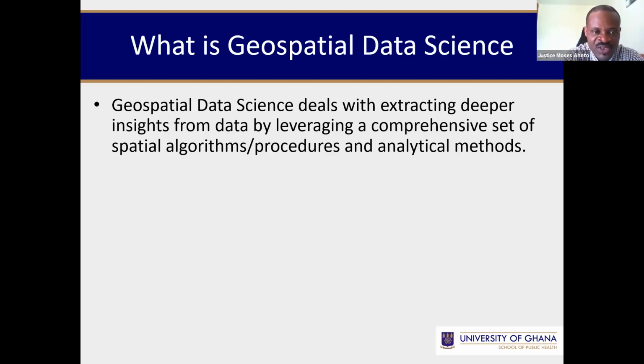So in summary, geospatial data science deals with extracting deeper insight from data by leveraging a comprehensive set of spatial algorithms or procedures and analytical methods. We'll be looking at some of these things in the practical session, how this actually works in practice.